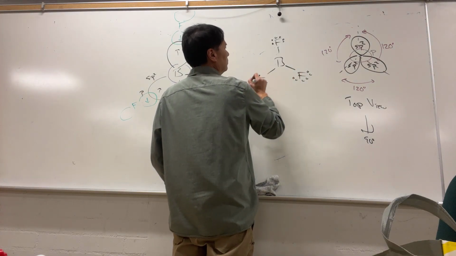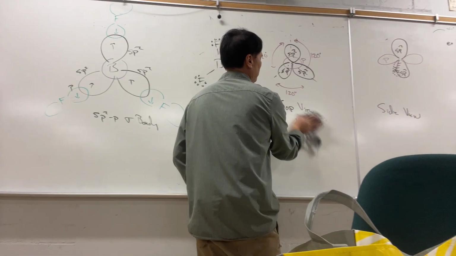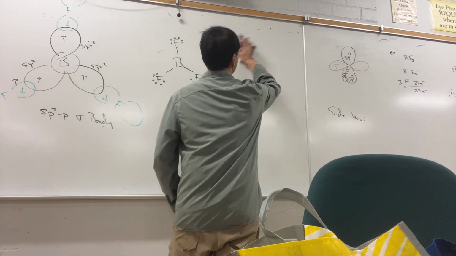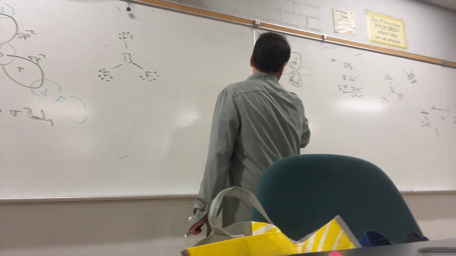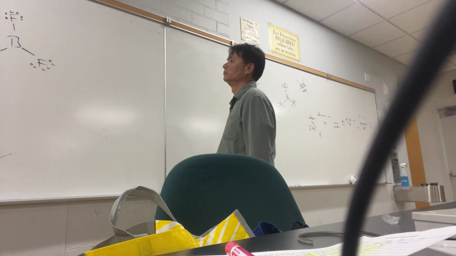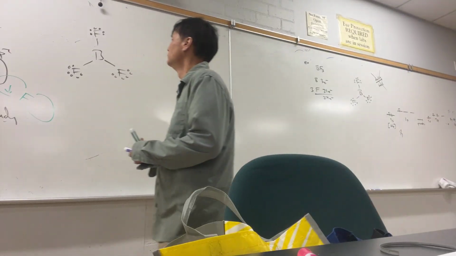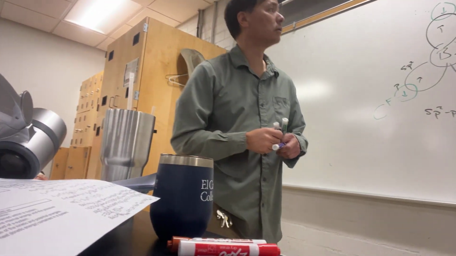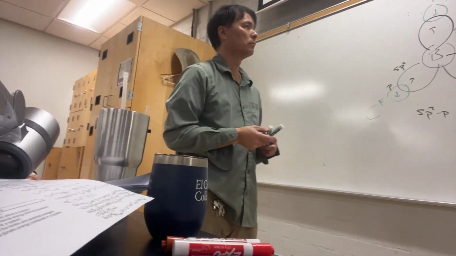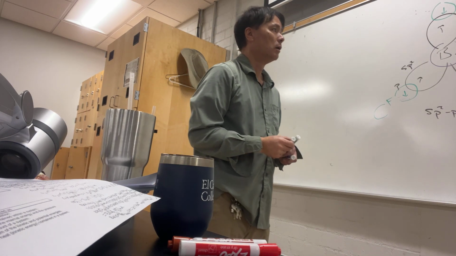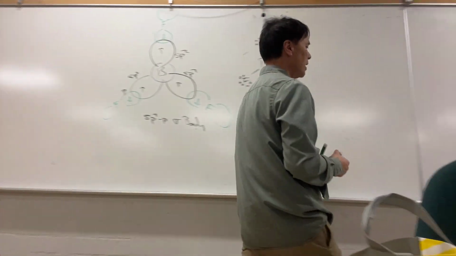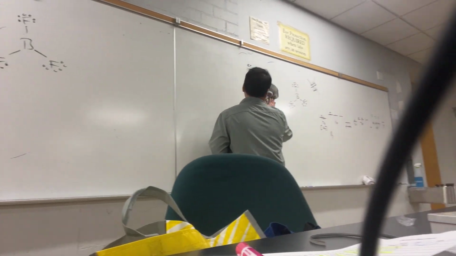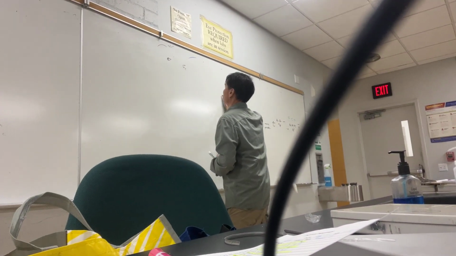All right, let's go back to formaldehyde. So going back to formaldehyde, when we look at carbon, which has 4 valence electrons, no lone pairs.